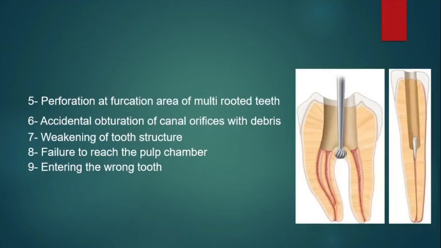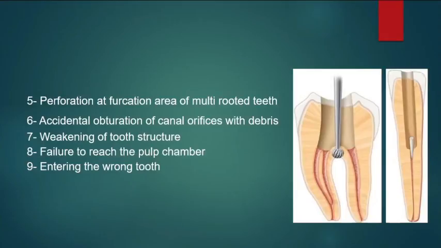Also, we may have perforation at the furcation area of multi-rooted teeth, accidental obturation of canal orifices with debris, weakening of tooth structure as we mentioned before, failure to reach the pulp chamber. This is also possible due to misdirection. And finally, we may access the wrong tooth.